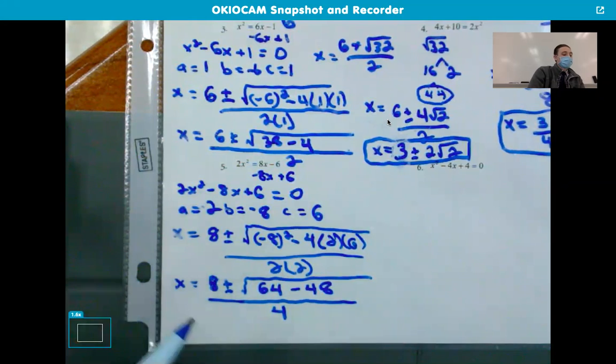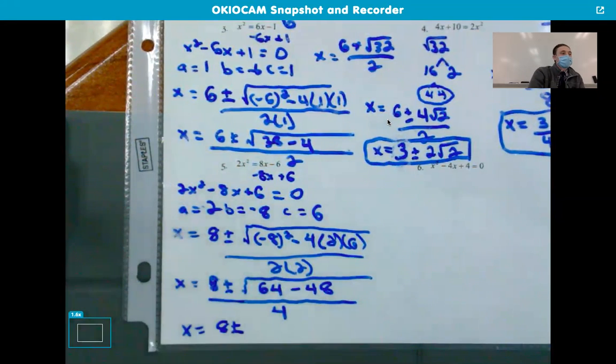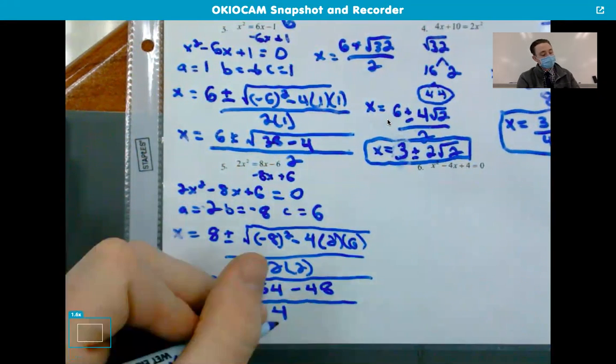Any questions so far about how we got to this point? Okay. What is 64 minus 48? And what's the square root of 16?